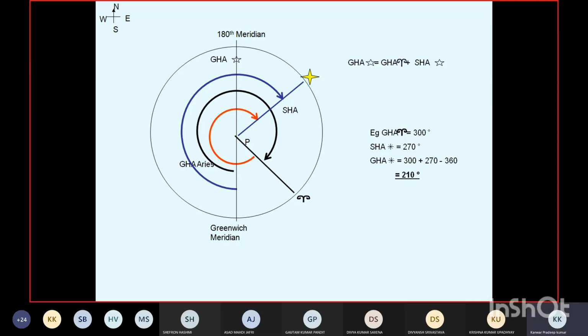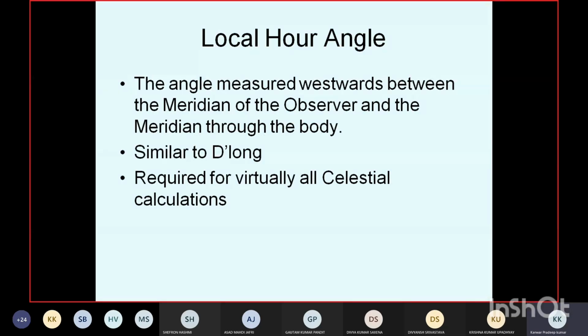Okay. So let me move on. I hope you have written the formula and drawn the diagram. If this one is over, then maybe we can move on. The angle measured westward between the meridian of the observer and the meridian through the body.